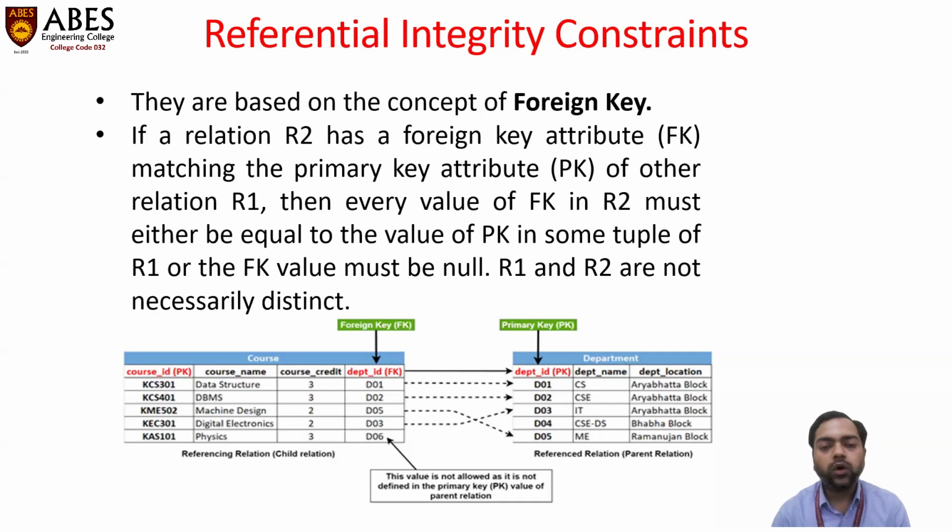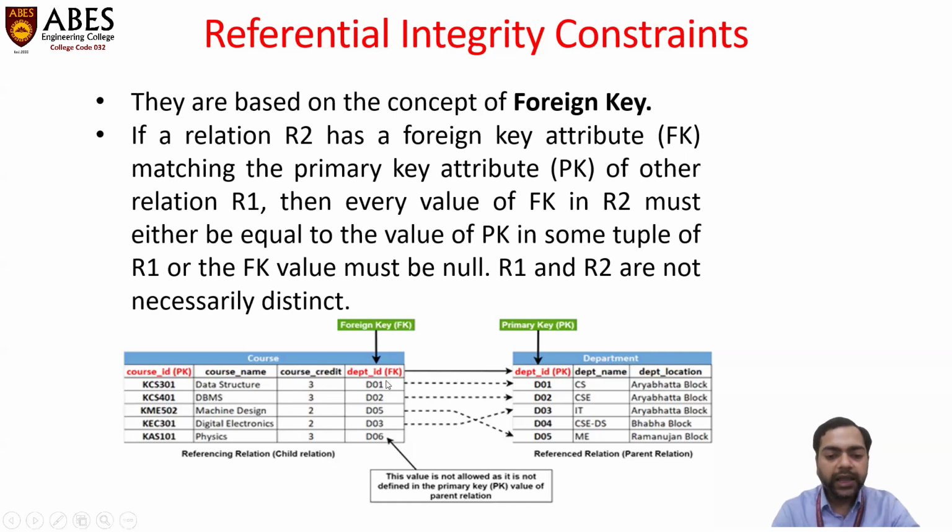Now the third point, what values should be placed in the foreign key? Here you can see that we have 5 different values, departments D01, D02 up to D05, and we have different department names. Now, if I want to insert department number D06 into this foreign key attribute, we cannot place that. Why?